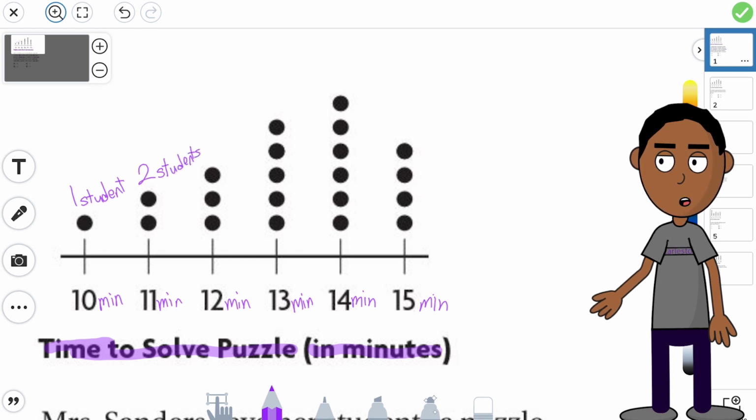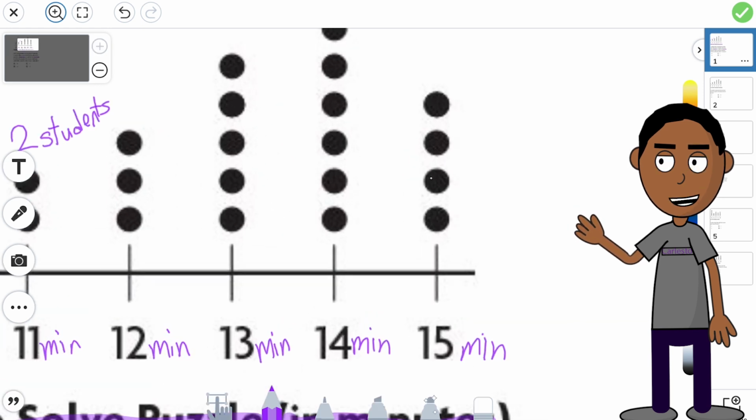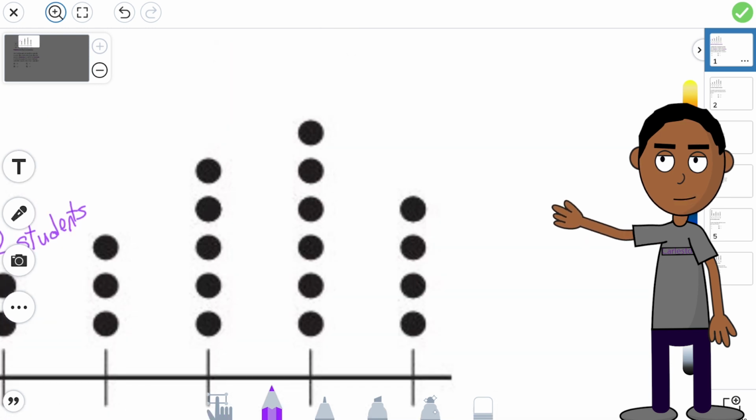Now, if you're writing this and you don't have enough space to write it, you can zoom in even farther just by clicking this plus sign again. You can keep clicking it until it turns kind of gray. That means that you cannot zoom in anymore, but it's going to let you write a lot easier. So for this one, I had 3 students.